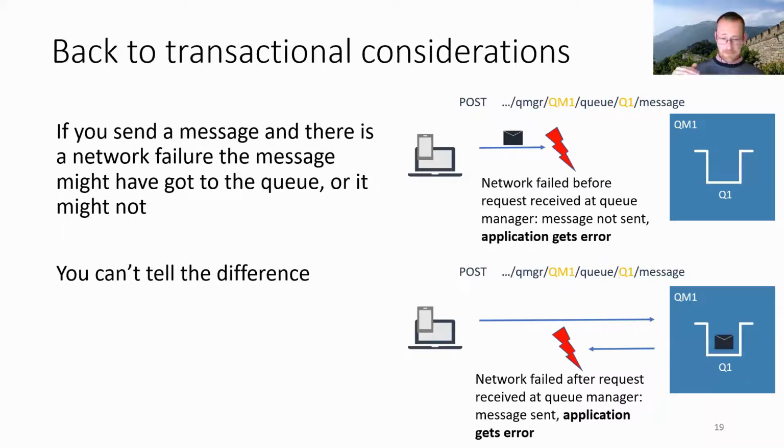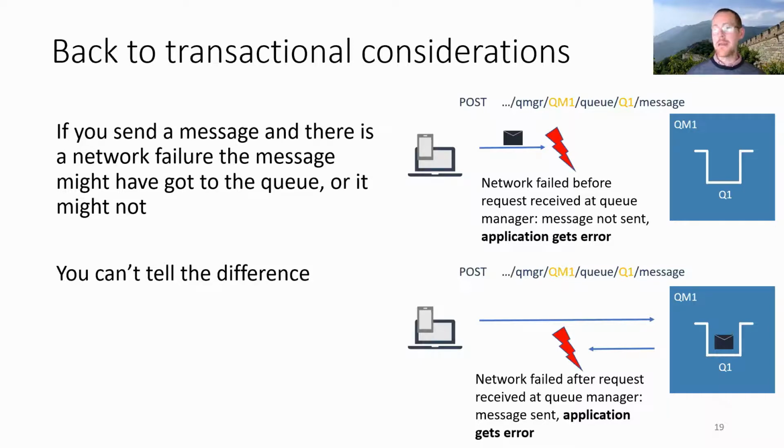So let's look at some details here. I'm sending a message into MQ, sending to a particular queue via an HTTP post. Now, if I experience a network failure while that request is going on, so I do my post and the message is somewhere on the wire between the application and the queue manager, and there's a failure, it is really, really hard to understand where that failed.